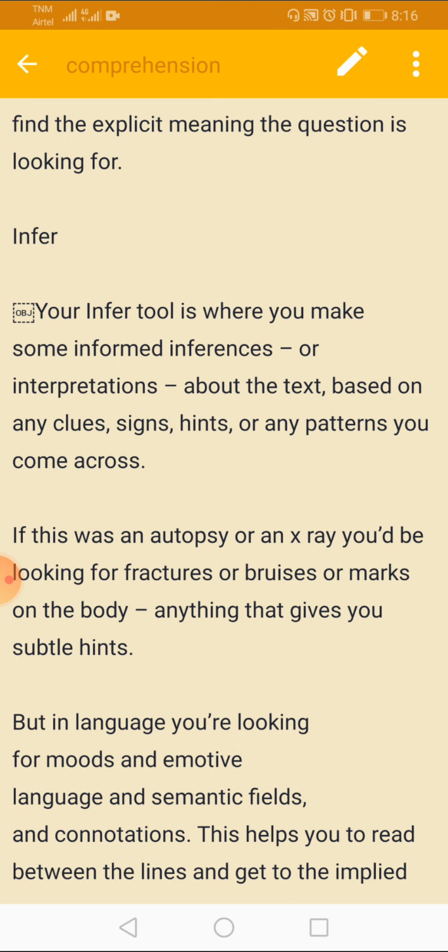So for example, if you have malignant, try to replace it with other words and see if it does make sense in that sentence. That would be very helpful to you.